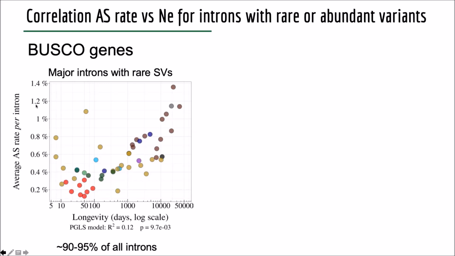And this is expected because these introns that have only rare splice variants correspond to 90 to 95% of all introns.